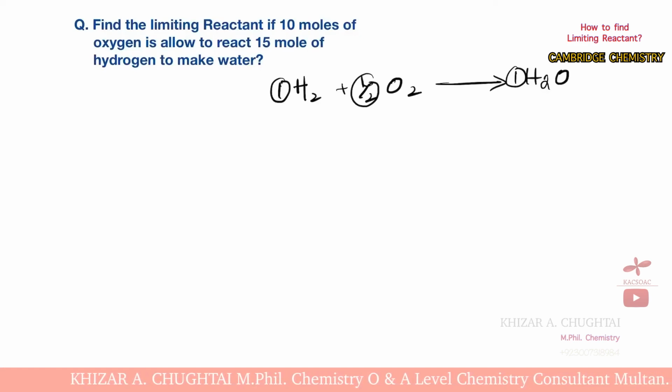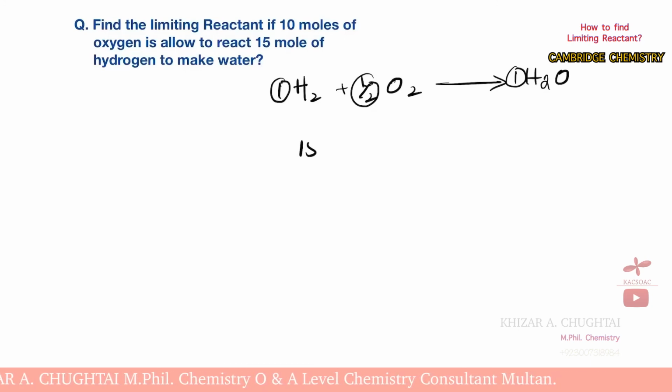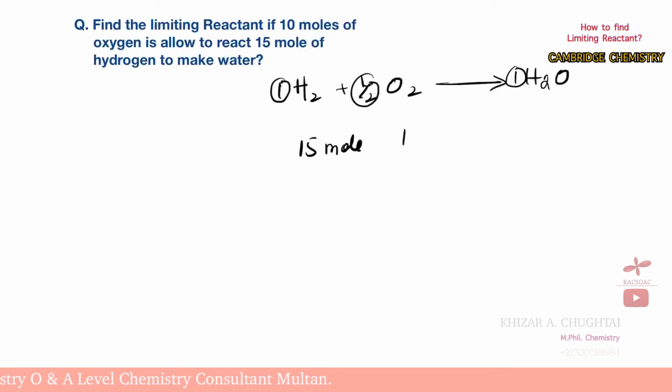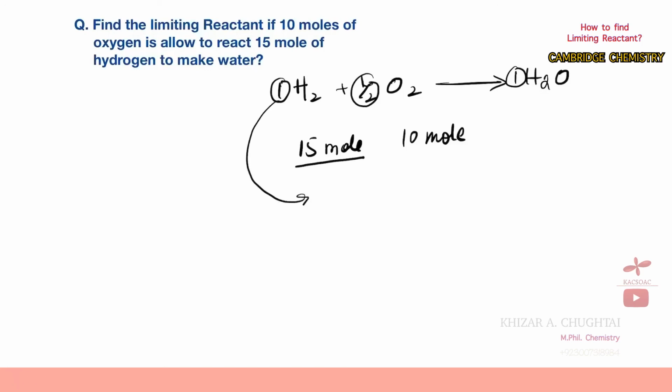Now come towards the given quantities. The given quantity of hydrogen is 15 mole, and the quantity of oxygen given in this reaction is 10 mole. So the second step is to divide the given moles by the moles from the balanced chemical equation. For hydrogen, 15 over 1.